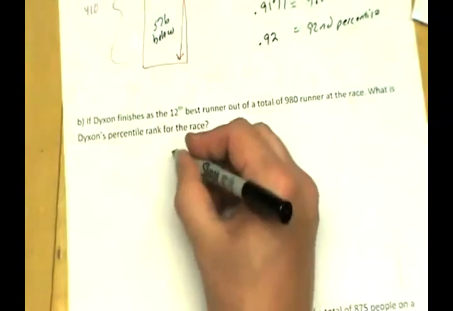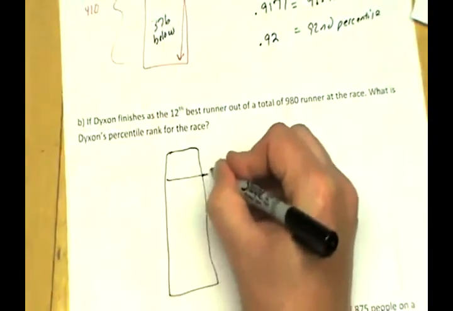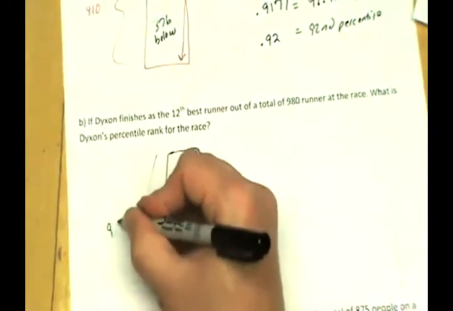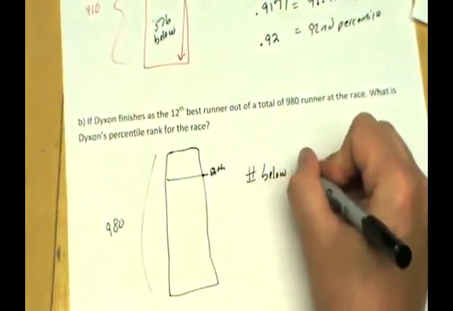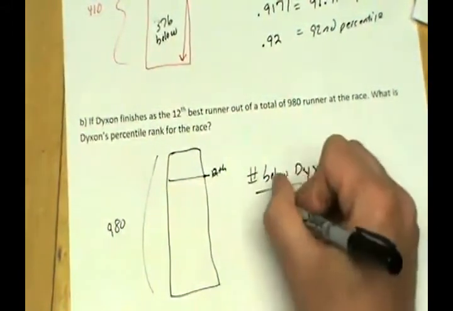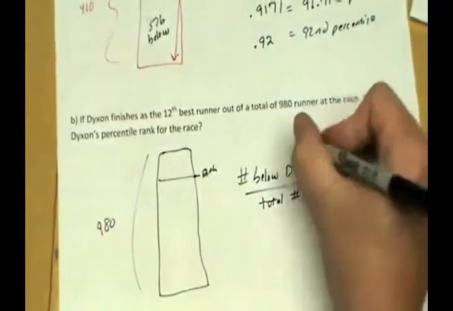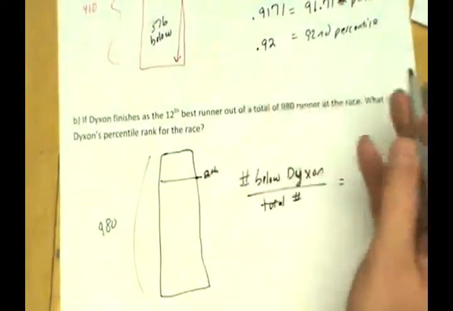So again, if you don't have to draw the box, I like to. If Dixon is here, 12th out of 980, we need the number below Dixon, and we have to divide that by the total number. So 11 or above, don't say 11.